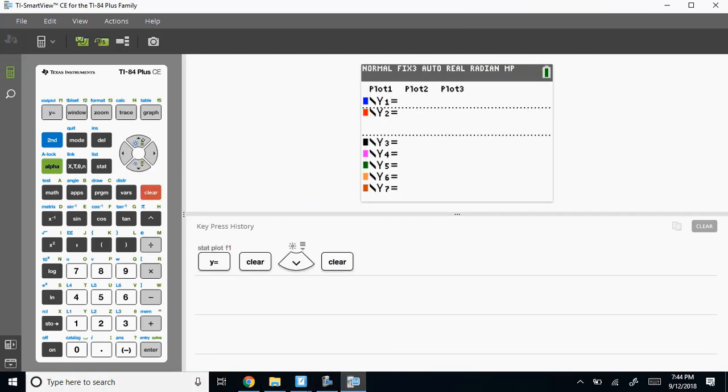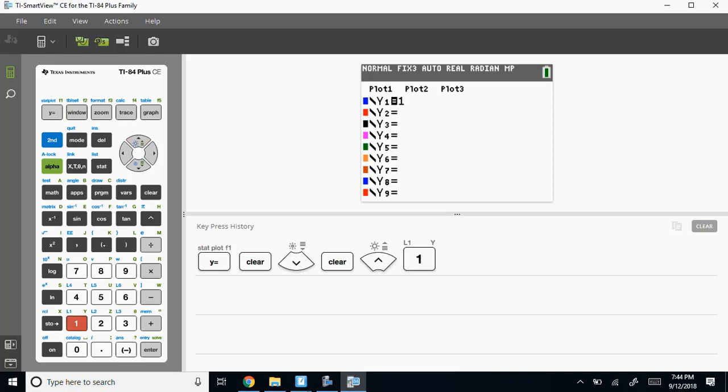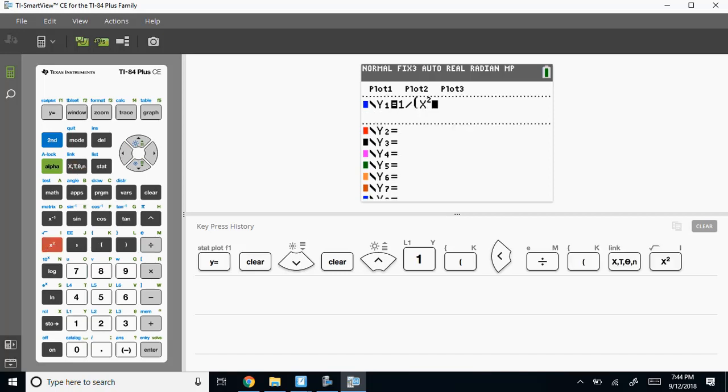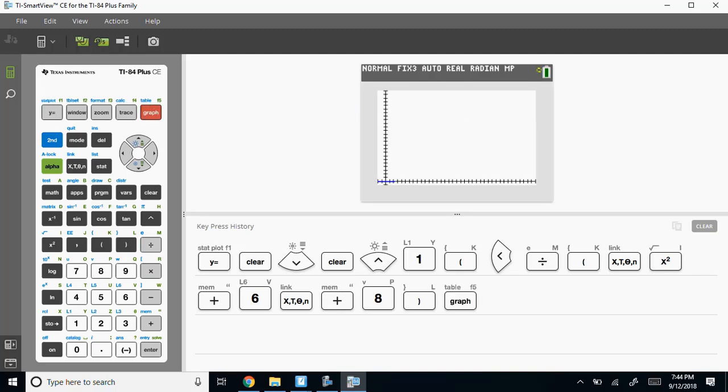Clear. So what was the numerator? 1 divided by open parentheses, that's x squared plus 6x plus who? 8. All right. Y'all ready? Graph.